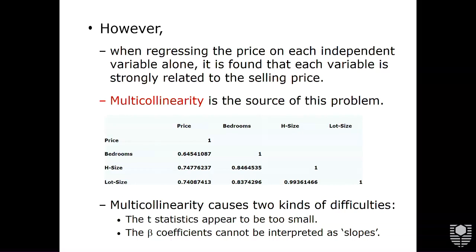But then I'll give you the association between X and Y. So you can see the value in here is highly correlated between home size and lot size, and the bedrooms with these two variables, house size and the rest. High correlation among independent variables, right?